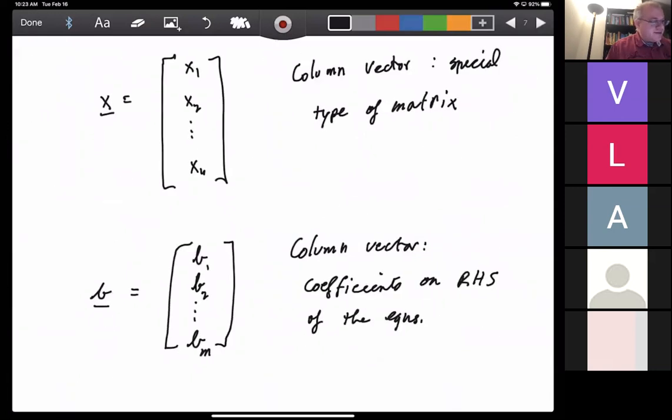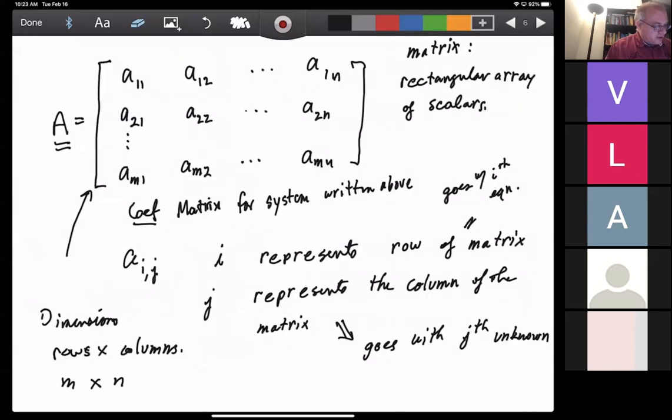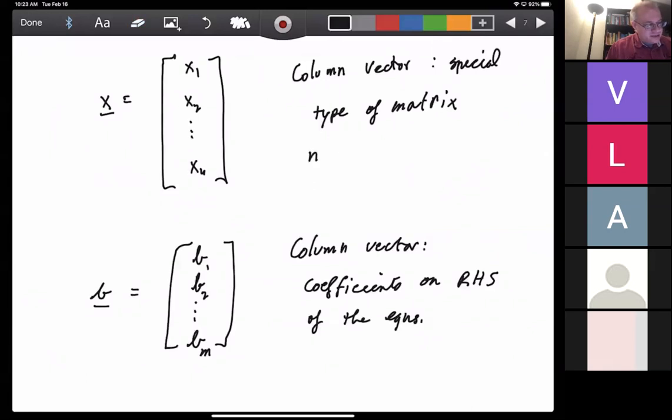For this column vector, sorry, we give rows times columns, so we've got n rows and one column. For the b vector here, we have m rows and again, one column.